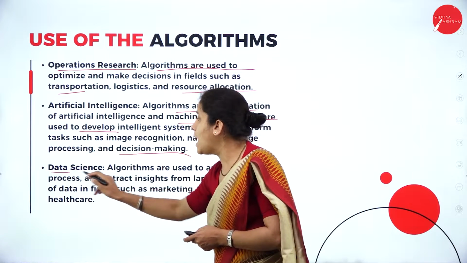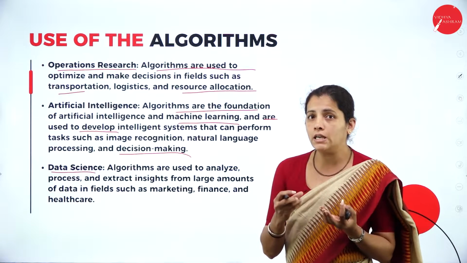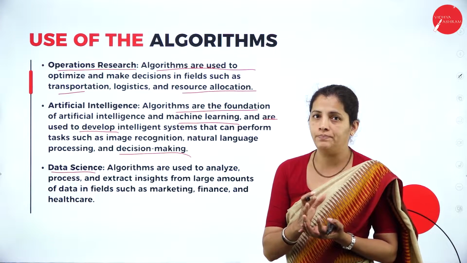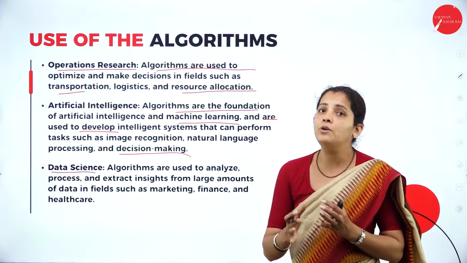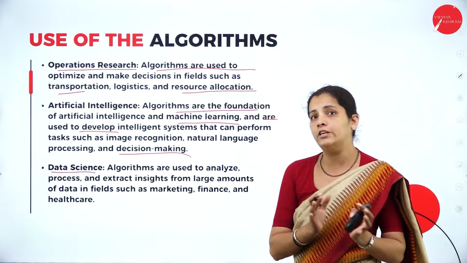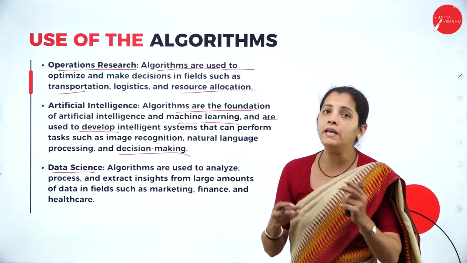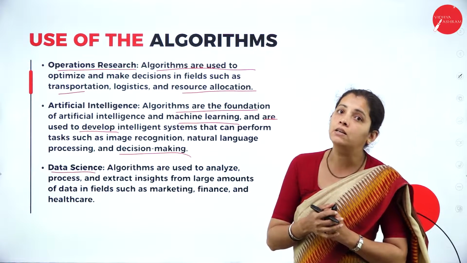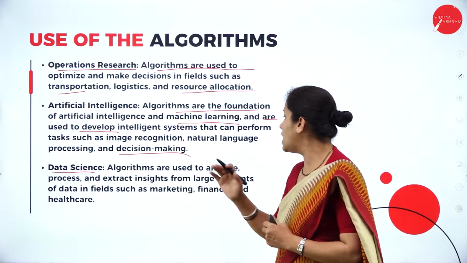Then we have data science. So what is data science? We know what is data. Data is nothing but the raw fact. And we have a massive amount of data that cannot be processed by the traditional database management system. Now I want to extract meaningful information from that data. For that, we have data science.